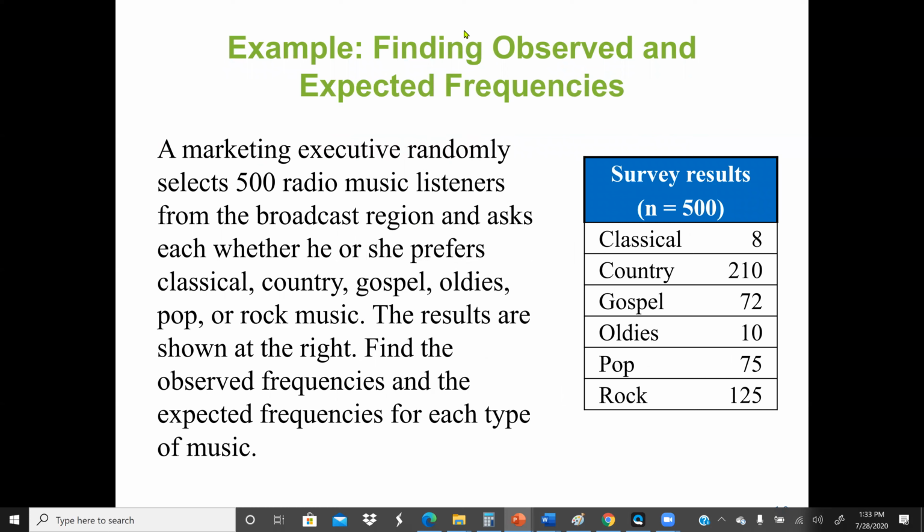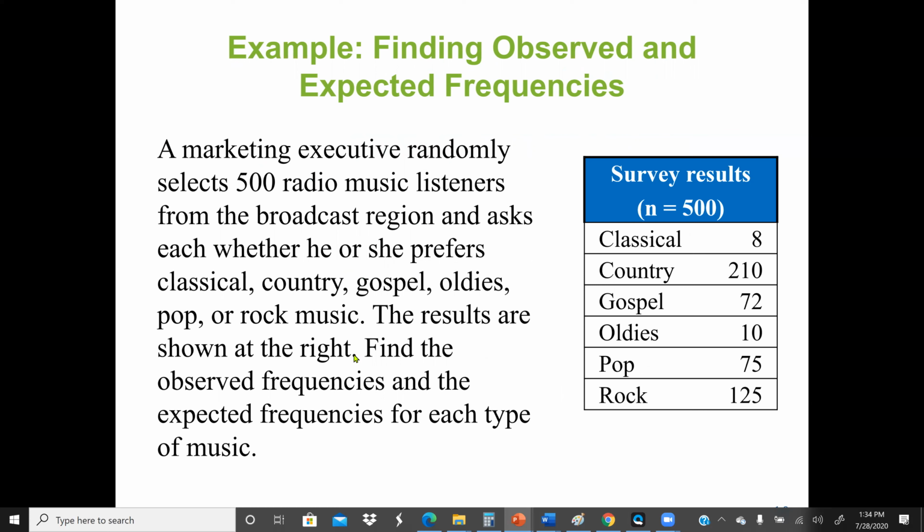So this is the example. Here they say we should find the observed and also the expected frequency. Our question here is the same question we had previously. A marketing executive randomly selects 500 radio music listeners from the broadcast region and asks each whether he or she prefers classical, country, gospel, oldies, pop, or rock music. We can see all 6 categories again.